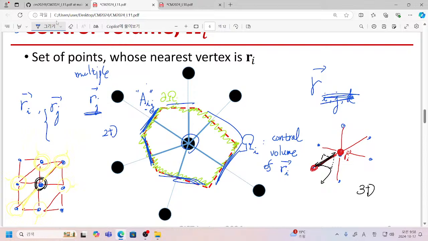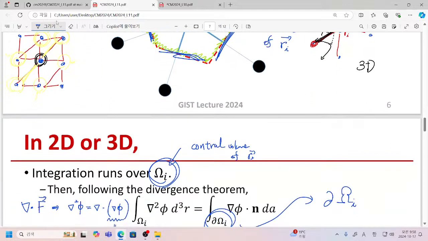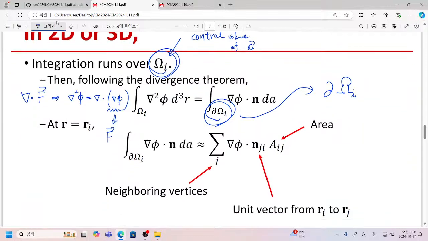So let's come back to our case here. Now it can be decomposed into many different small pieces once again. How can we decompose it into small pieces?